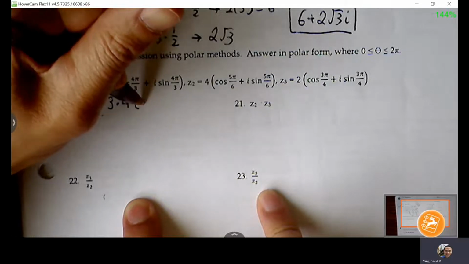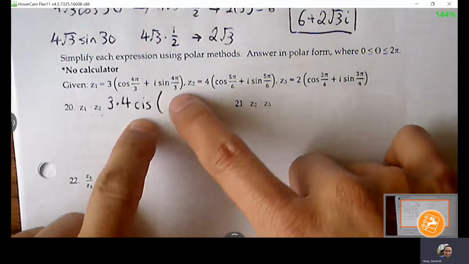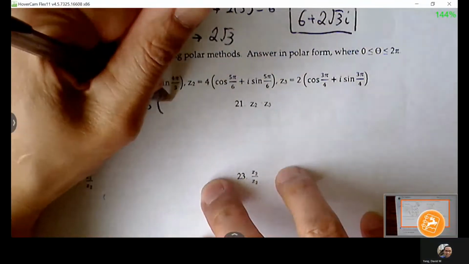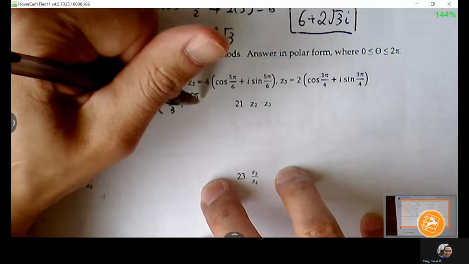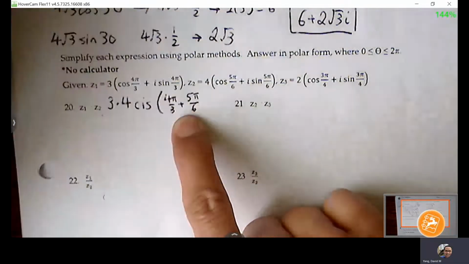If you want to jump directly to shorthand form, that's fine. Do CIS and just add the thetas together. Common denominators here.